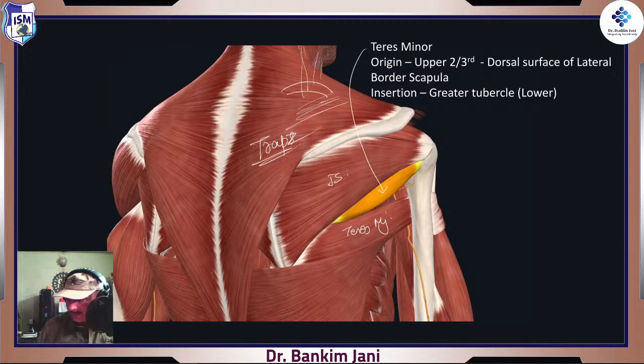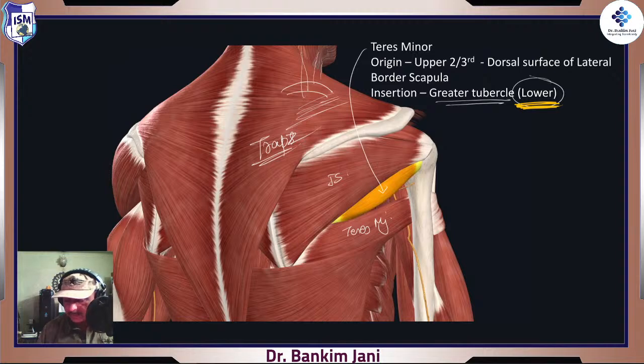So over this point, teres minor. Origin: upper two-thirds of the dorsal surface of the lateral border of the scapula. Well, can we really see it? No. But insertion, yes: greater tubercle, lower part. Now the mystery is solved. See, greater tubercle, this is the lower portion.